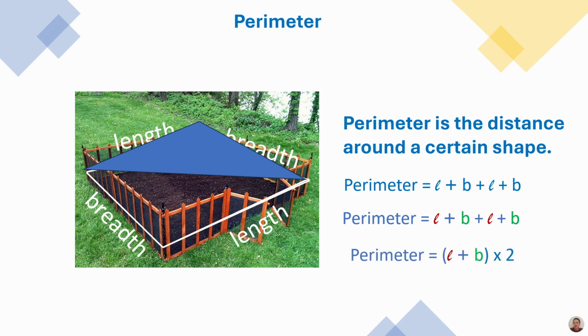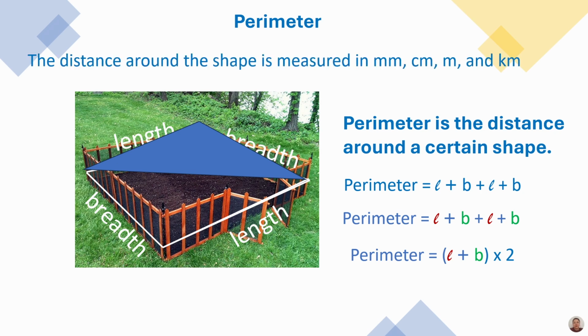And we're going to say perimeter is equal to length plus breadth because we're going to add the one side over here. And we're going to say times 2 because that would give us the opposite side of the shape. So we say perimeter is equal to length plus breadth in brackets because that's what we're adding. And we're multiplying it by 2.